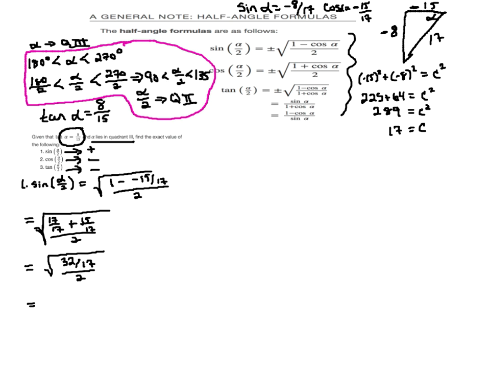I never divide fractions. I multiply by the reciprocal. So this is the square root of 32/17 times the reciprocal 1/2. I can divide out my common factor of 2. So 2 goes into 2 one time. 2 goes into 32 16 times.